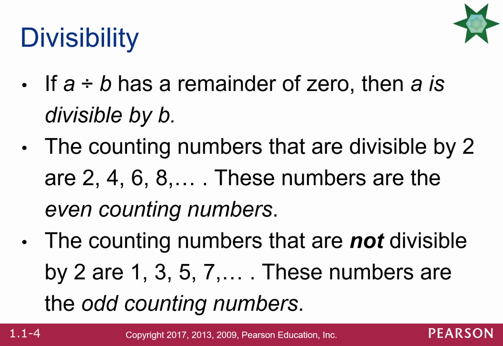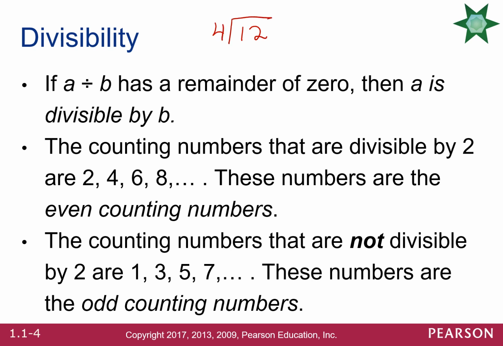Now, one other terminology that we will be using in the course of this lecture is called divisibility. So let's try to understand what we mean by divisibility. So if A divided by B has a remainder of 0, then A is divisible by B. So let's say we take a number which is 12, all right, and we divide it by 4.